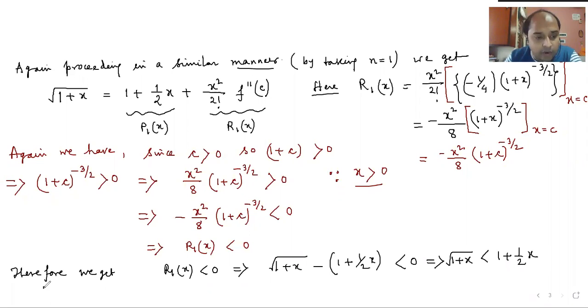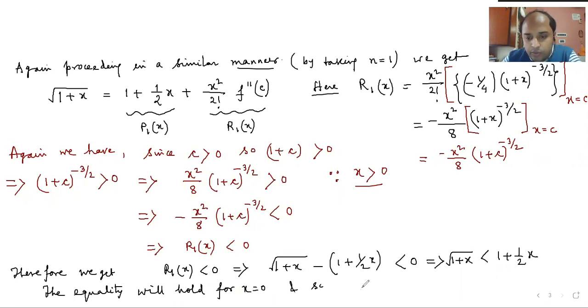The equality will hold for x equal to 0, and so 1 plus x under square root is less than or equal to 1 plus half x. This is my 2. Okay, so I'm waiting one minute for you. You just copy it, then I'm going to move on to the next page.